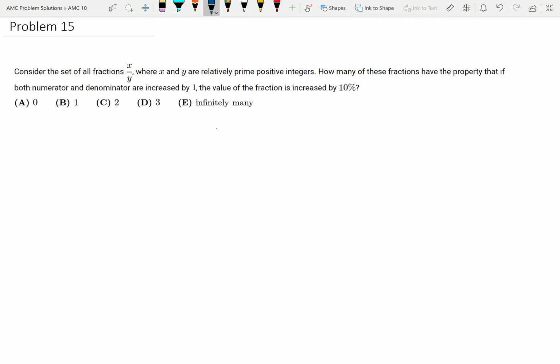So what that means is, basically, if I increase the numerator and denominator by 1, that should equal that fraction increased by 10%. So it's 11 over 10 times x over y, which is equal to 11x over 10y.